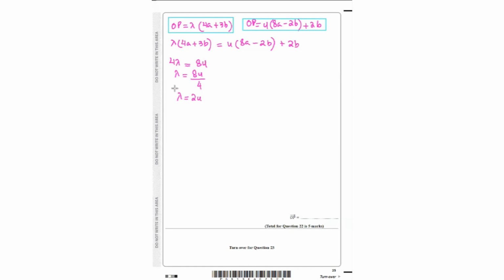So that's one thing. Then we do 3 lambda equals negative 2 mu plus 2. We can replace the lambda with 2 mu.